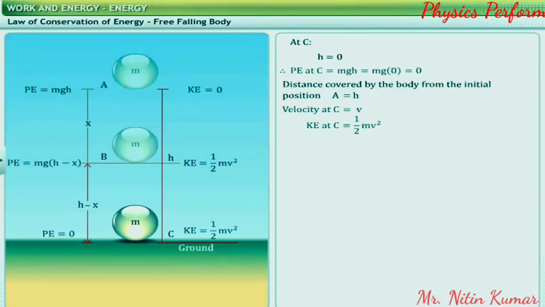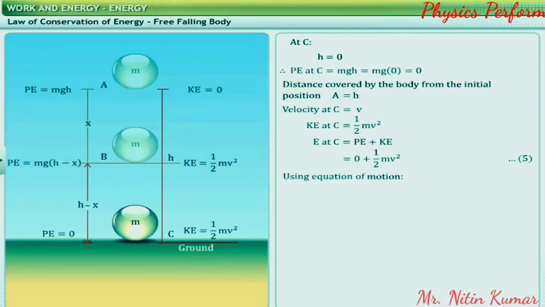Its kinetic energy at C is equal to half mv square. The total energy E at C is the sum of the potential and kinetic energies at C. That is, the sum of 0 and half mv square. Let this be equation 5.